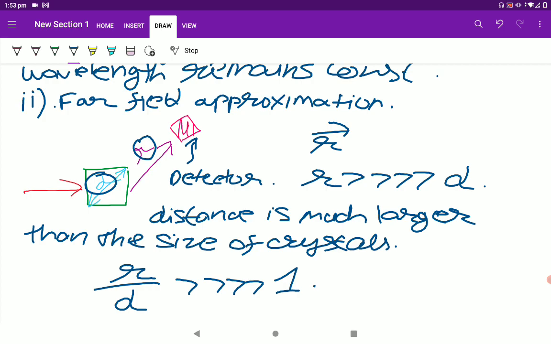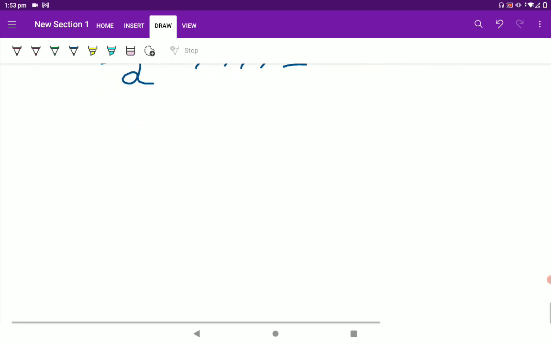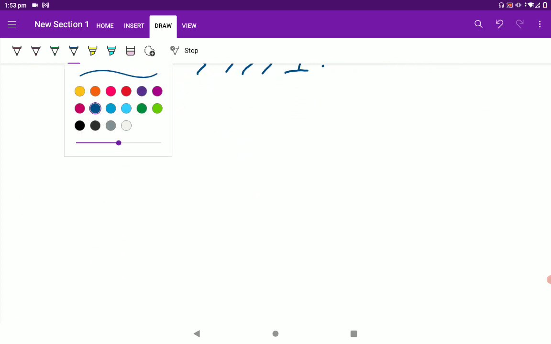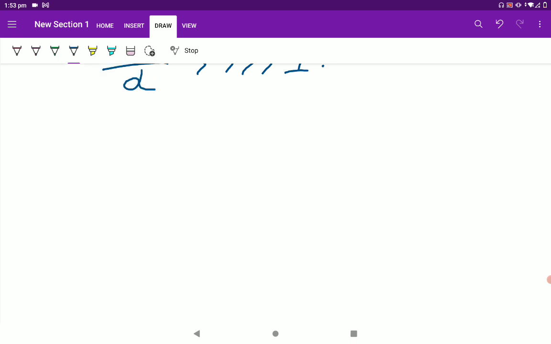Now coming to the third approximation, we will use the Born approximation.